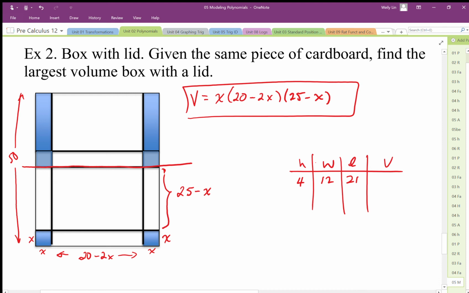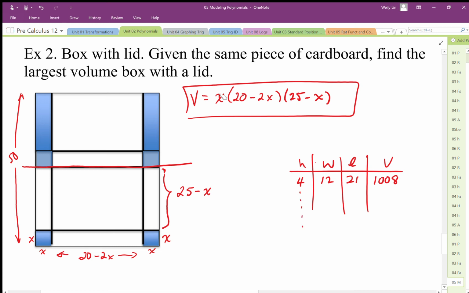I can estimate that volume to be 4 times 12 times 21. I'm getting 1008. So we get a volume of 1008 cubic centimeters, and I can do a guess and test chart like that.